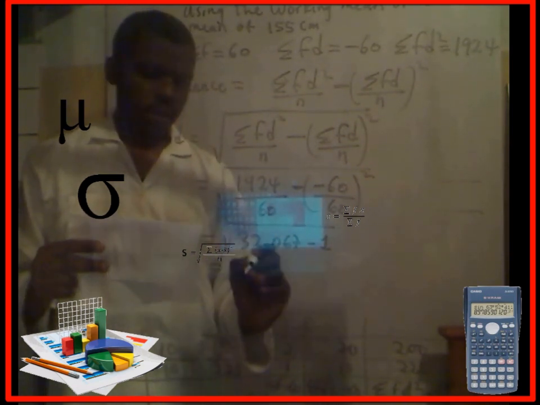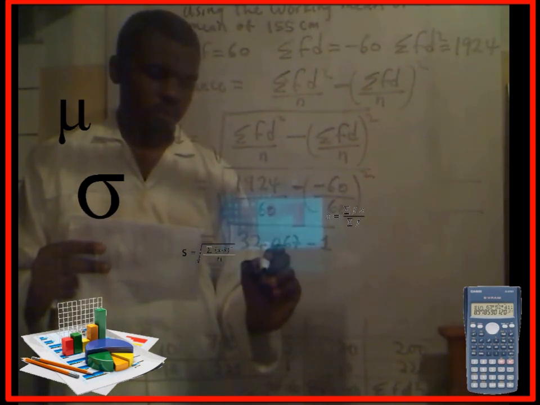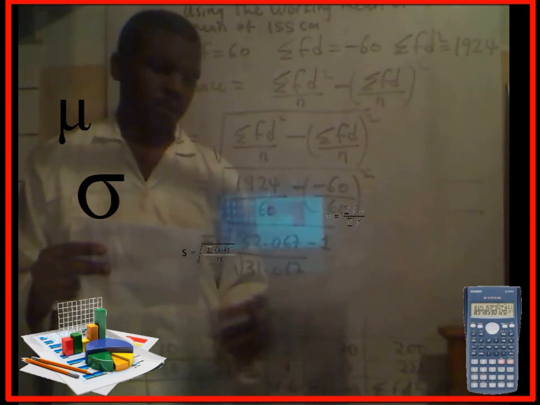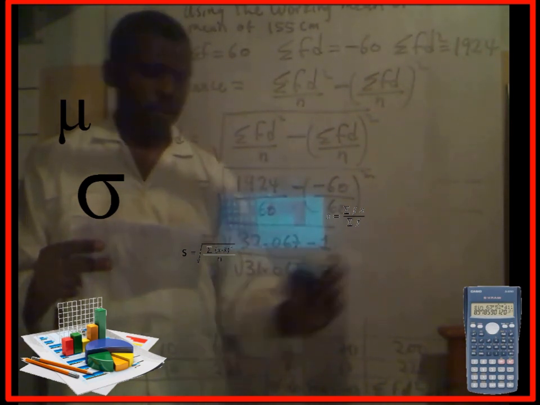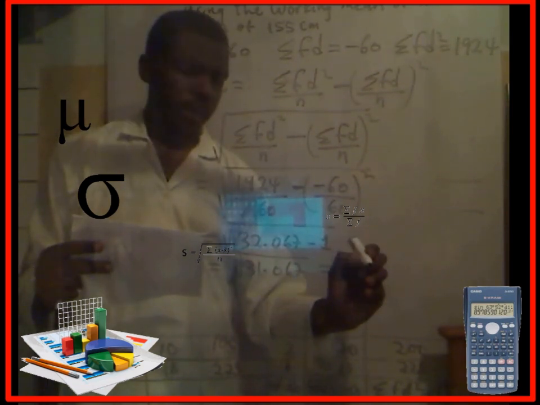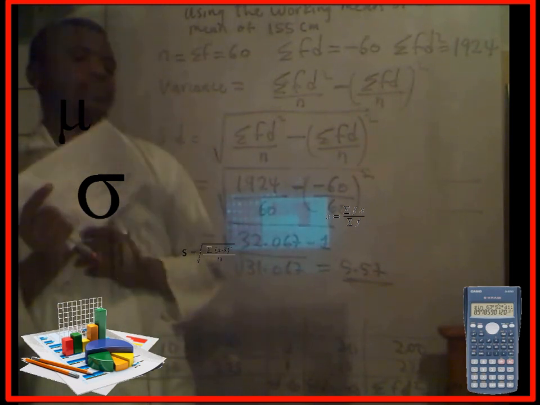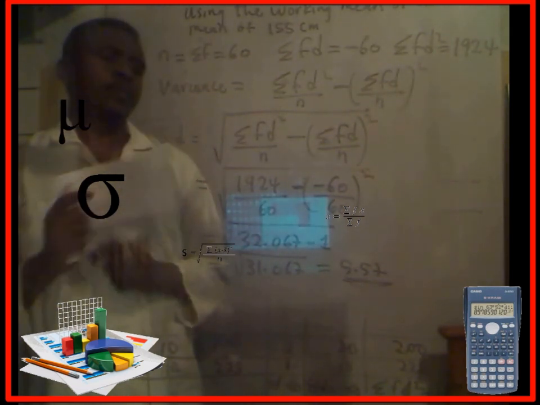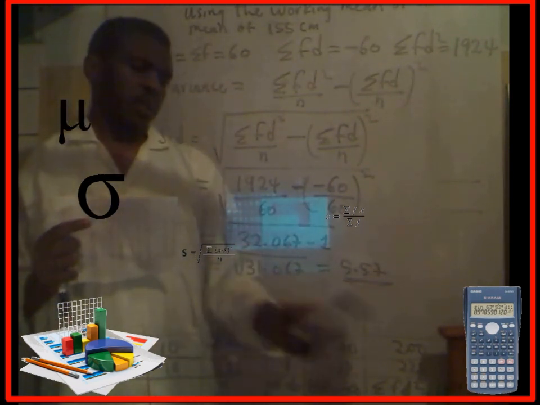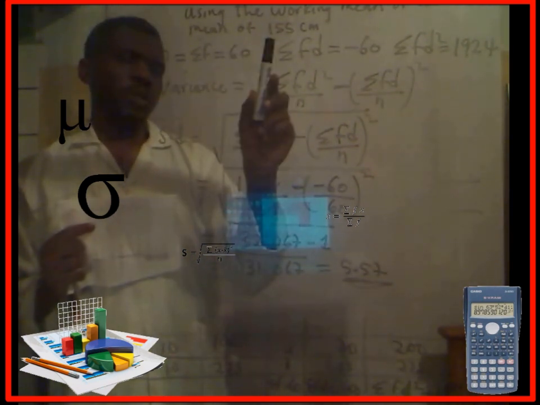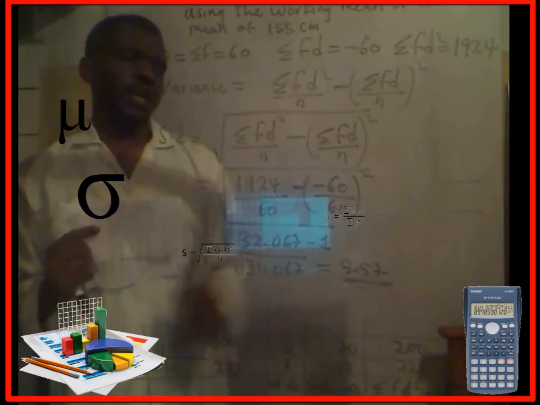So this is 31.067 square root, which is equal to 5.75. So we have found the standard deviation by using our assumed mean of 155.